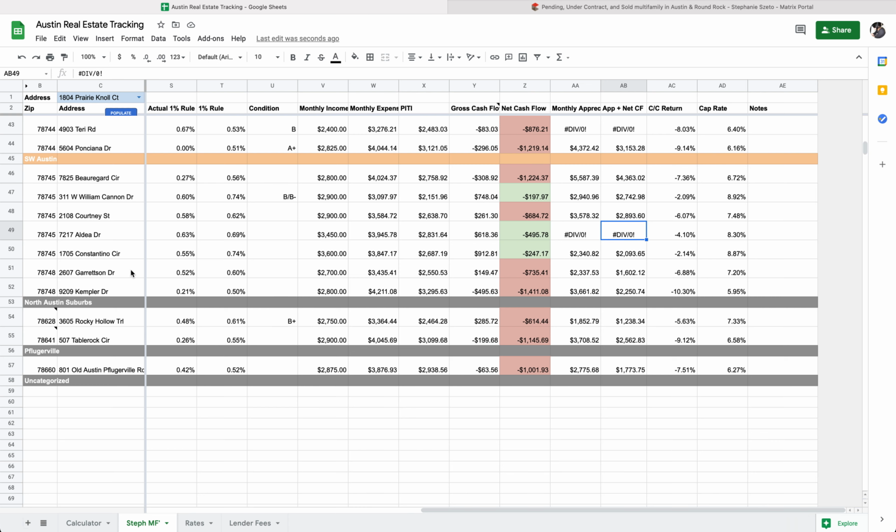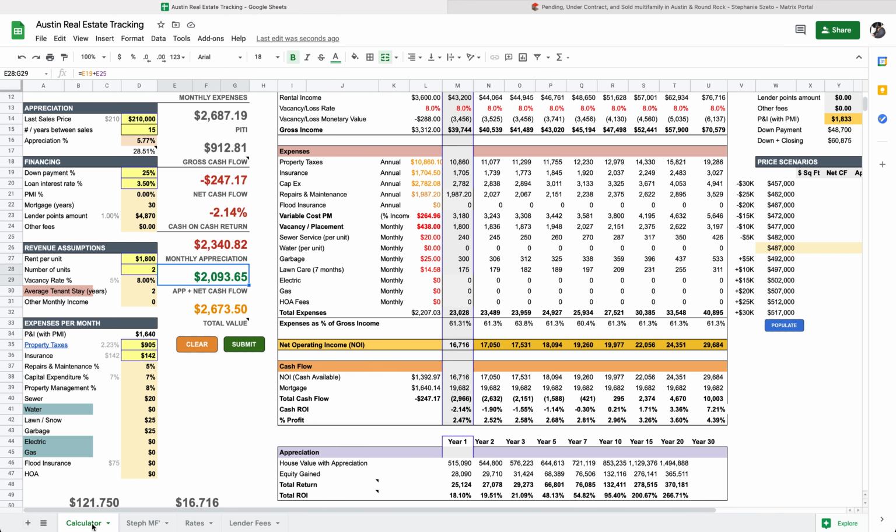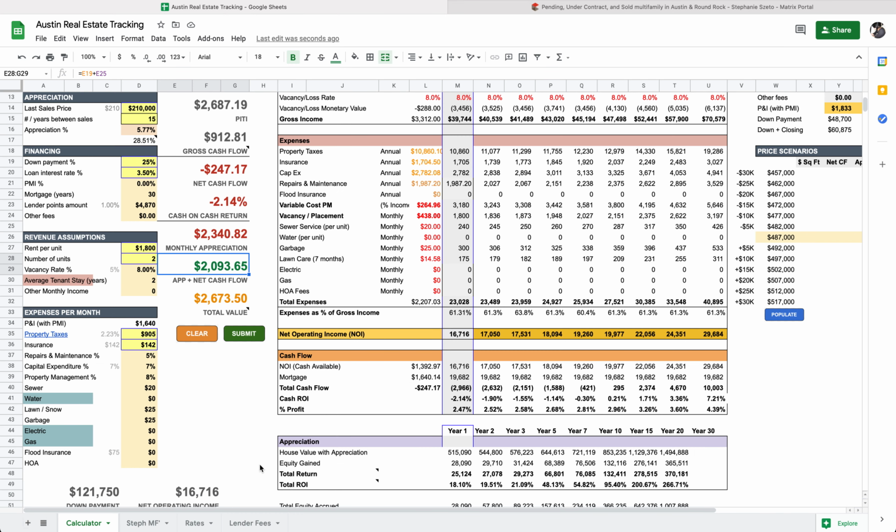In the future, if I'm looking at a new one, I can say, okay, for this new one, it was negative 250, and I can see that's actually pretty good compared to this one, which was negative 200. It's generally pretty good for this particular zip out of all the things I've seen in the past couple months.